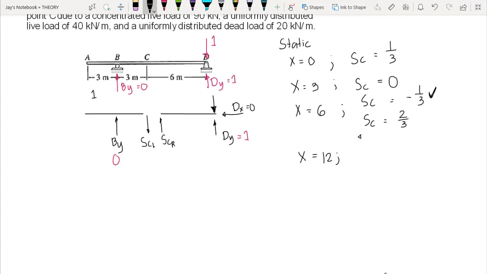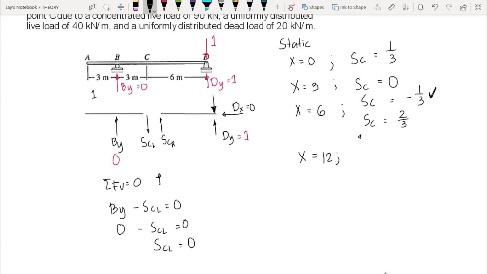So we now proceed to the computation for the ordinates at point D. We will be considering the left free body diagram. So we can sum up force vertical is equal to 0. So we have By minus SCL is equal to 0. So that means we have 0 for By. Therefore, we can say that our shear to the left of C is equal to 0.